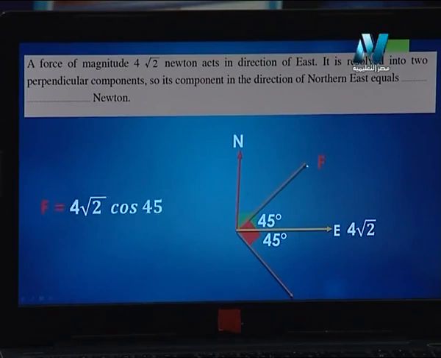To find this force, F equals 4 root 2 cosine 45. 4 root 2 is resolved into this one by taking 4 root 2 cosine 45. The answer will be 4 Newton.